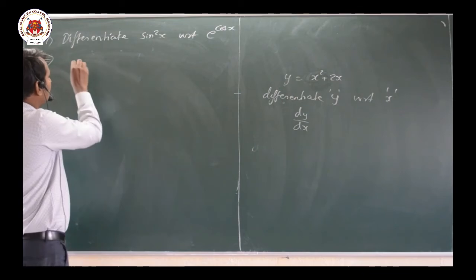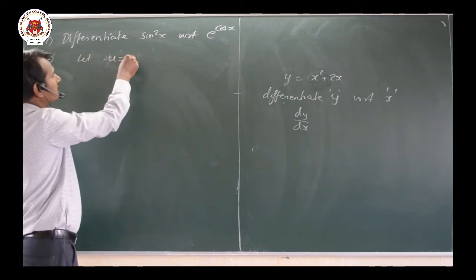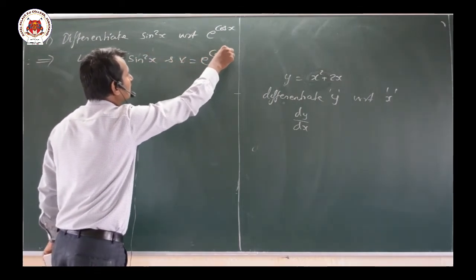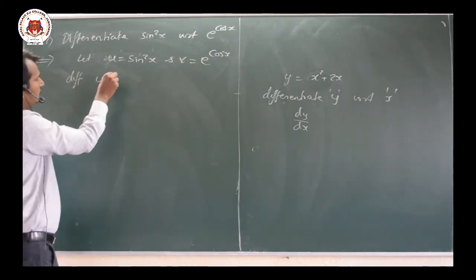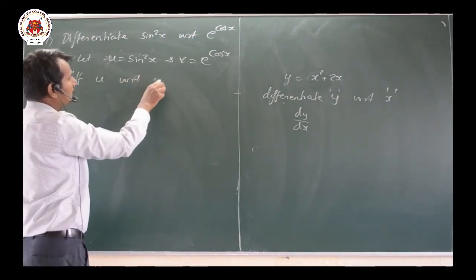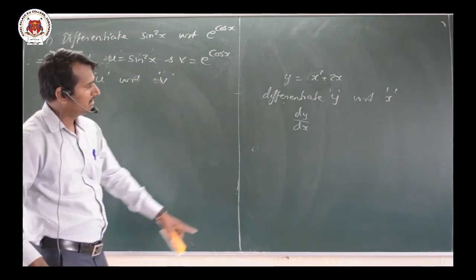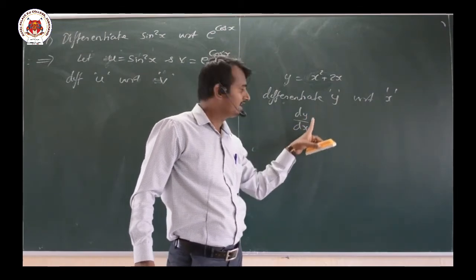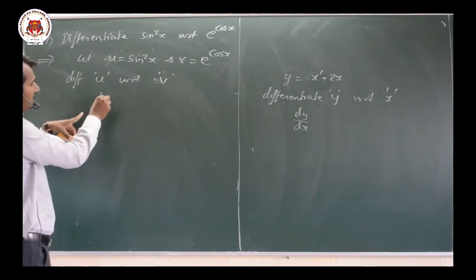So what I will take here is let u is equal to sin square x and v is equal to e raised to cos x. Now what he is asking is differentiate u with respect to v. That means, like differentiating y with respect to x is dy by dx, here it is du by dv.